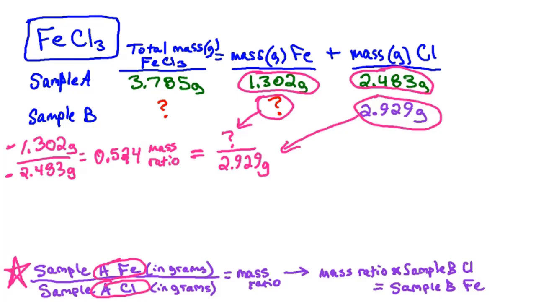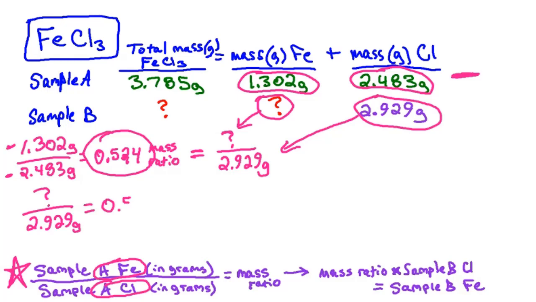So if we take this question mark divided by 2.929, that should also give us the same mass ratio that we got when we divided sample A's mass of iron divided by sample A's mass of chlorine. So if we have question mark divided by 2.929 grams equals the mass ratio of 0.524, well then remember our math refresher.